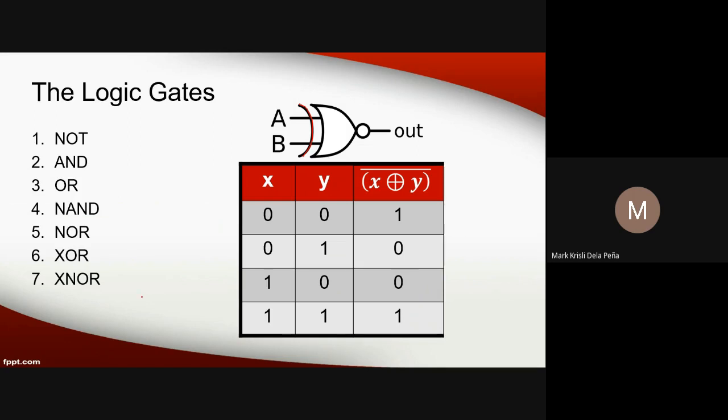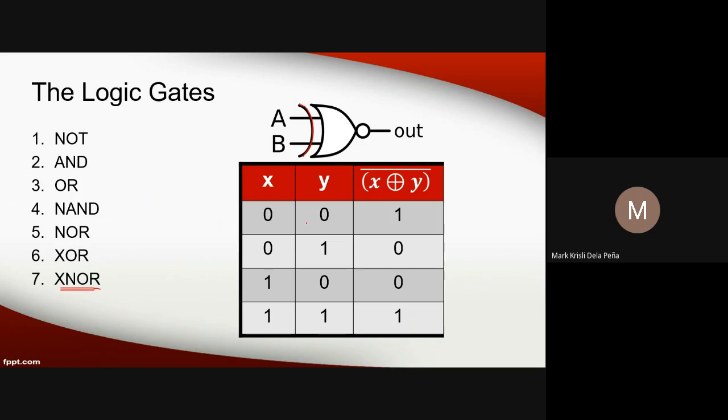An XNOR gate is equivalent to the biconditional from our previous topic, so it is just the negation of an XOR gate.